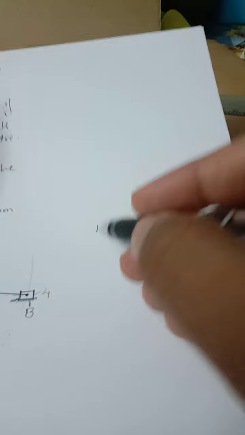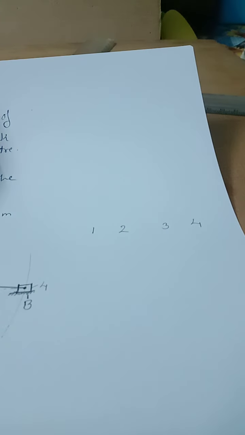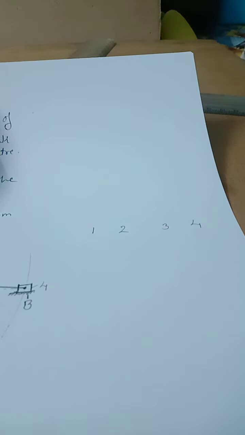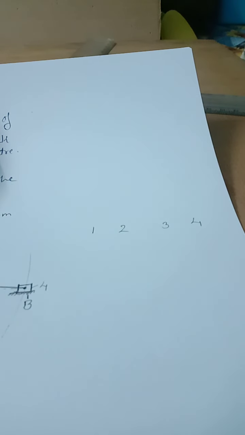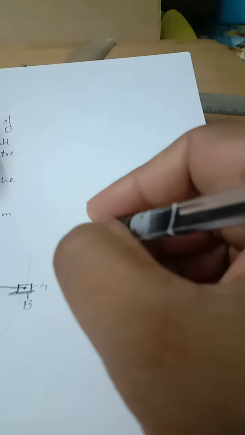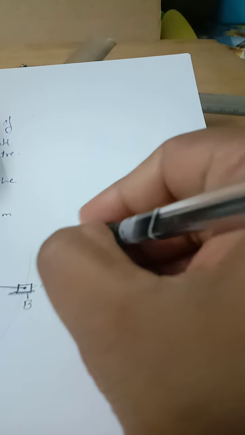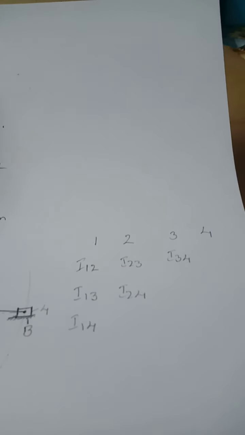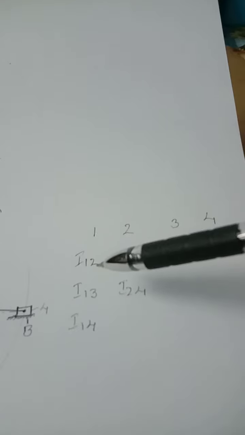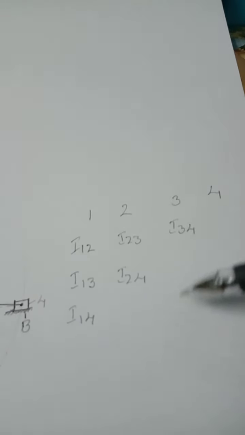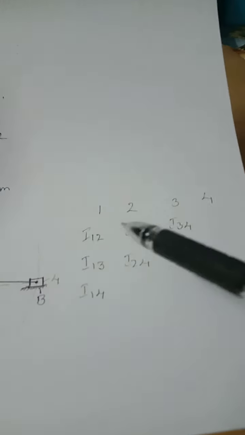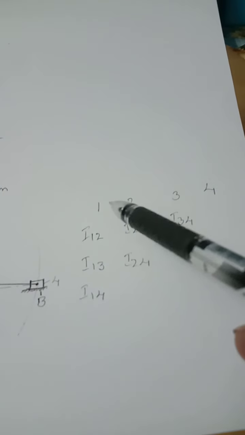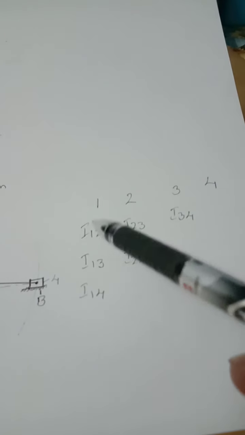So under each link we will also write the combination of the instantaneous centers, like in the previous problem what we have done. So here also, for any 4-bar mechanism, these are all the instantaneous centers. So totally we have 6 instantaneous centers. So these are the combinations.